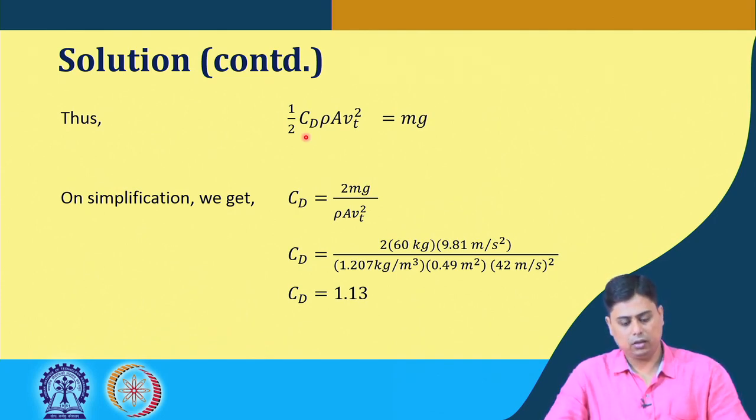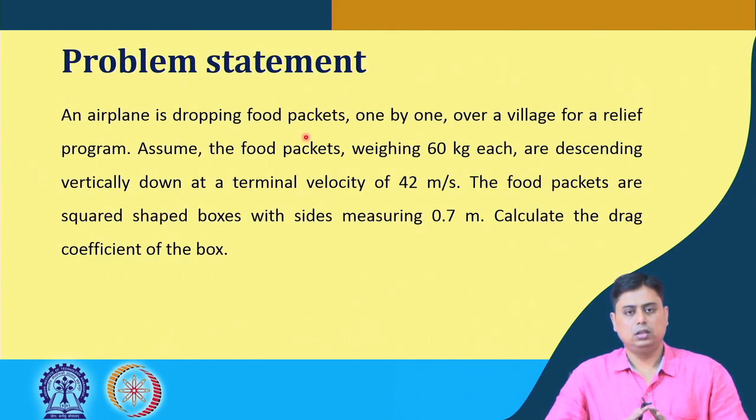Let me again go back to the same problem. The problem was, there was a square shaped object falling through air of known dimension and known weight. We have to calculate the drag coefficient of the box; the velocity at which it is falling, the constant velocity, is also given.